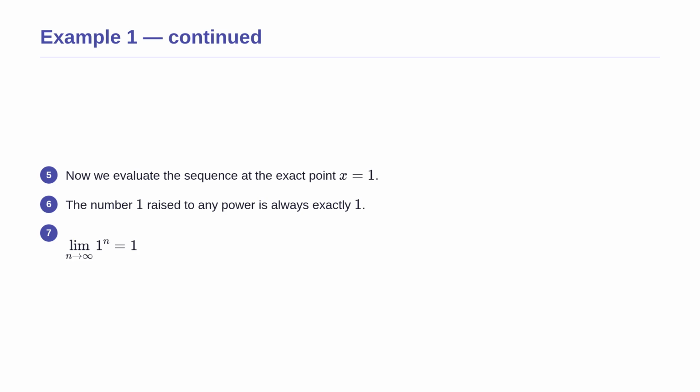Continuing with our example, we must remember that our interval also includes the exact number 1, which behaves completely differently. We have to evaluate that specific point separately to find the complete limit function. When we plug the exact value of 1 into our sequence, the situation changes dramatically.